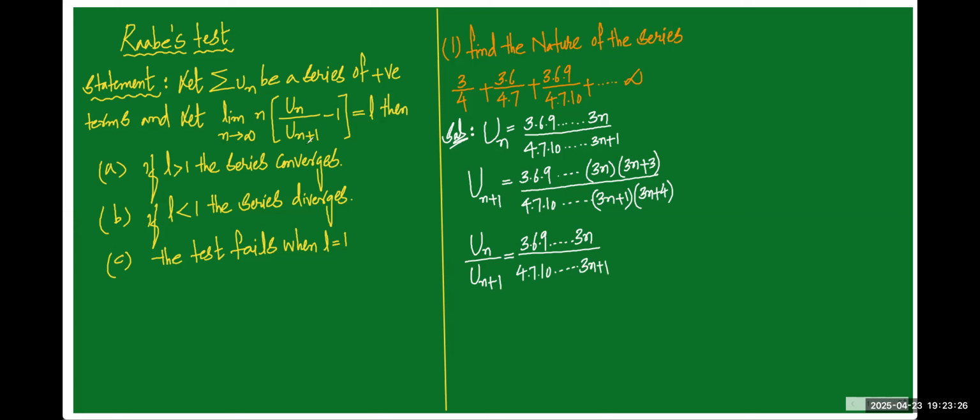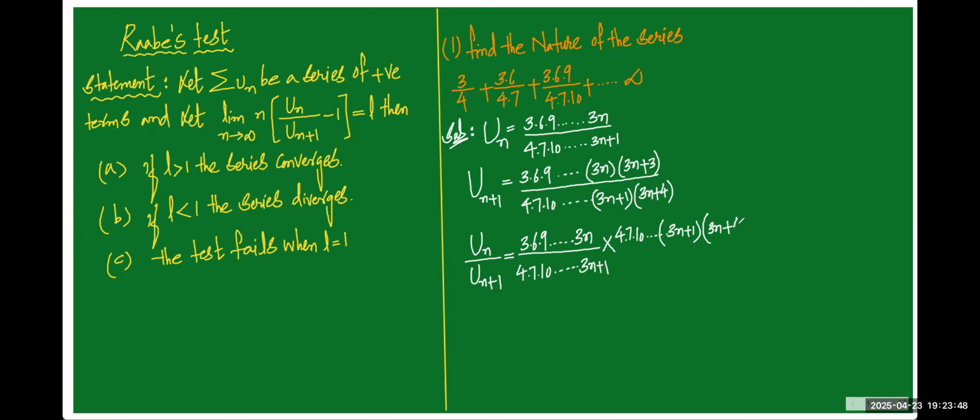We have to find out un by un plus 1 and we apply the limit. If the test fails, then we apply Raabe's test. This is multiplied by the second fraction, which will become reversed: 4 into 7 into 10 into 3n plus 1 into 3n plus 4.